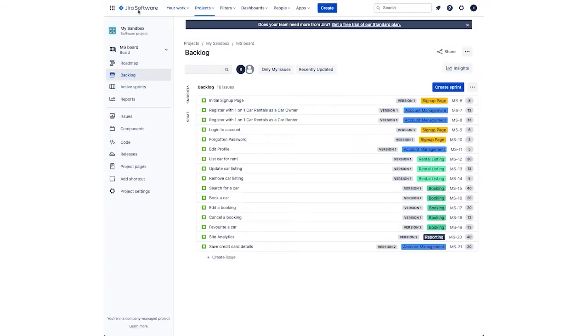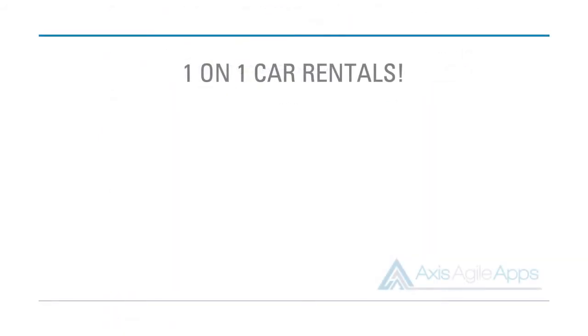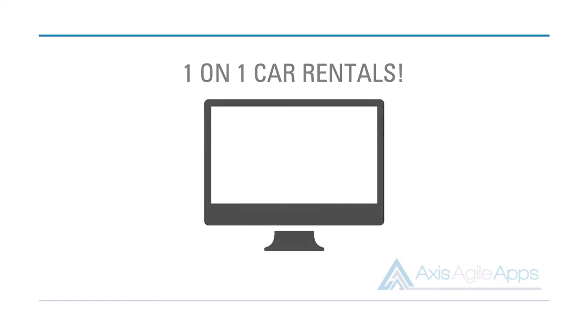So we now have 16 product backlog items. These product backlog items are for a website called One-on-One Car Rentals. Think of this as a website where you can put your car up for rent and people could come along and rent your vehicle out for anything from 30 minutes to several weeks. Let's imagine that this website has yet to be launched, so we have to start from scratch.